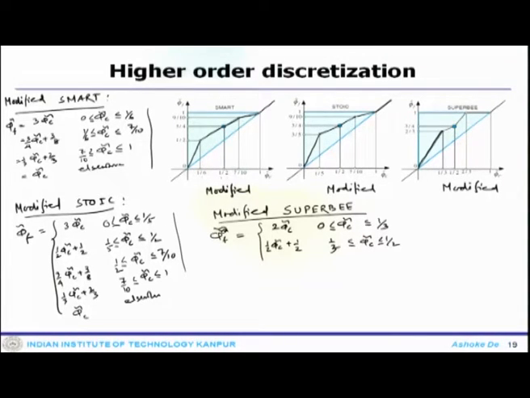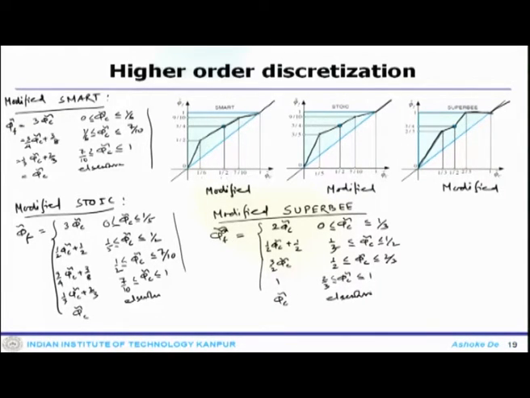So, 1/3 to half, this is the second profile, and then it follows 3 by 2 phi c, which is half phi c tilde less than 2 by 3, half to 2 by 3, and then 1, where it goes between 1 to 2 by 3, it stays there, and then elsewhere phi c.